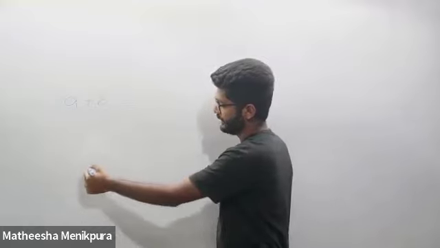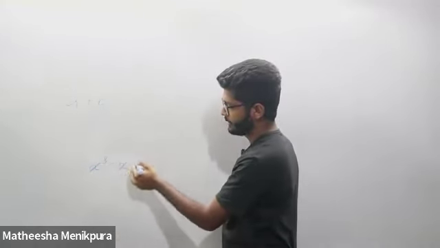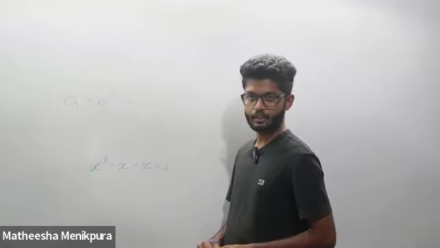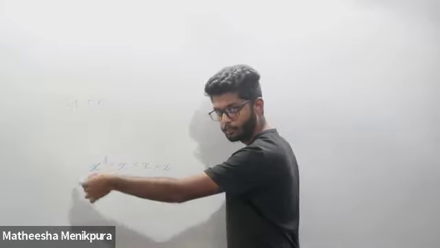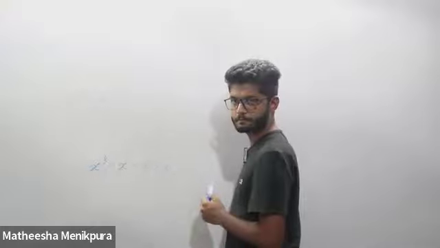x cube, x to the power 3, means x multiplied by x multiplied by x. Do you agree with me? x to the power 3 or x cube means x multiplied by x multiplied by x.